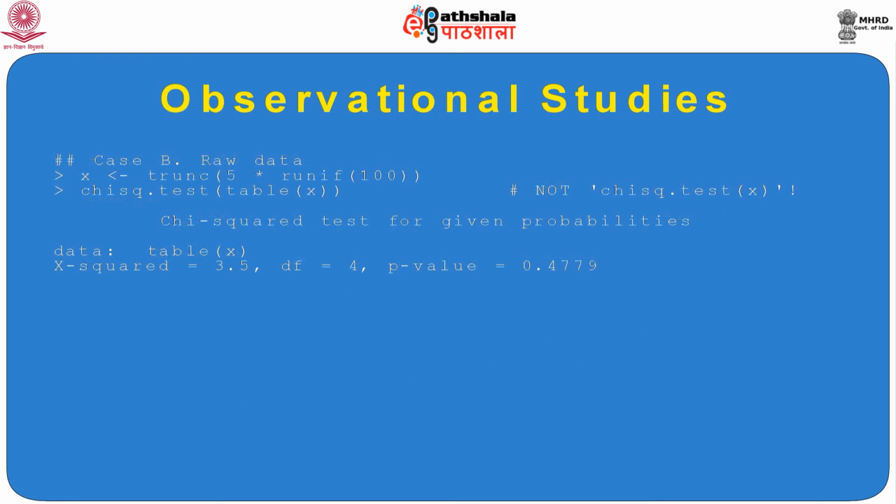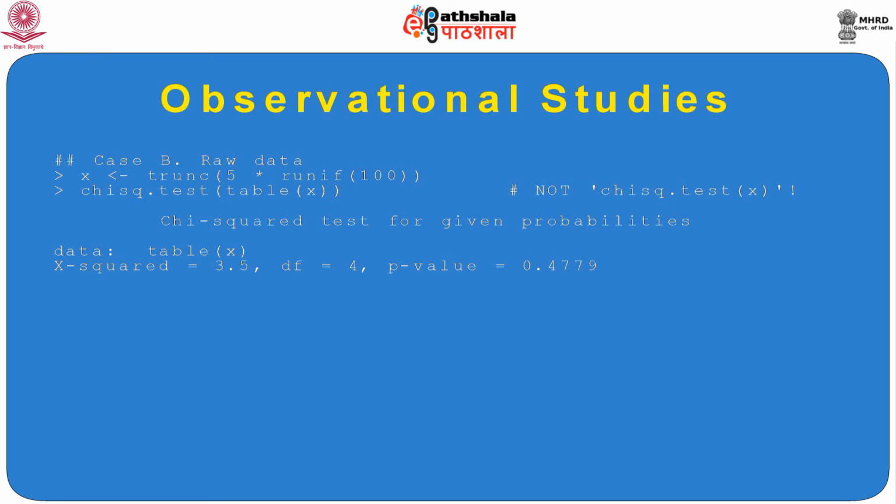Now another one, we are generating data from a uniform distribution, where the c function is used for 5 multiplied by uniform of 100 samples, and these samples are assigned as x. Now chi-square.test of table x is performed, and it shows the significance of the difference between expected value and observed value, and this p-value shows there is no significant difference between expected and observed values.